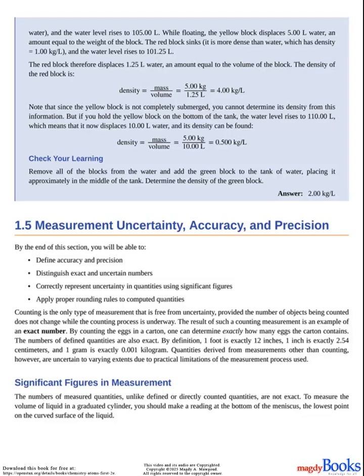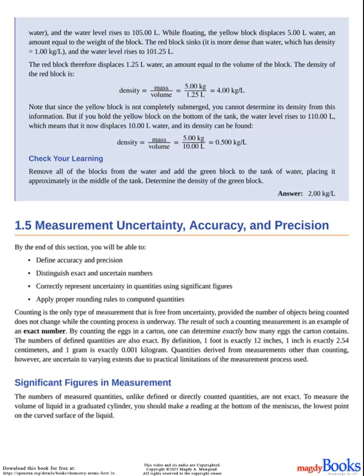While floating, the yellow block displaces 5.00 liter water, an amount equal to the weight of the block. The red block sinks, it is more dense than water, which has density equals 1.00 kg per liter, and the water level rises to 101.25 liter. The red block therefore displaces 1.25 liter water, an amount equal to the volume of the block.